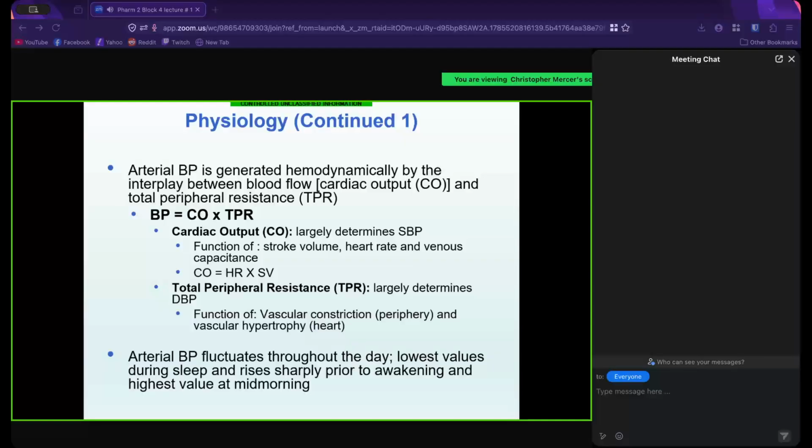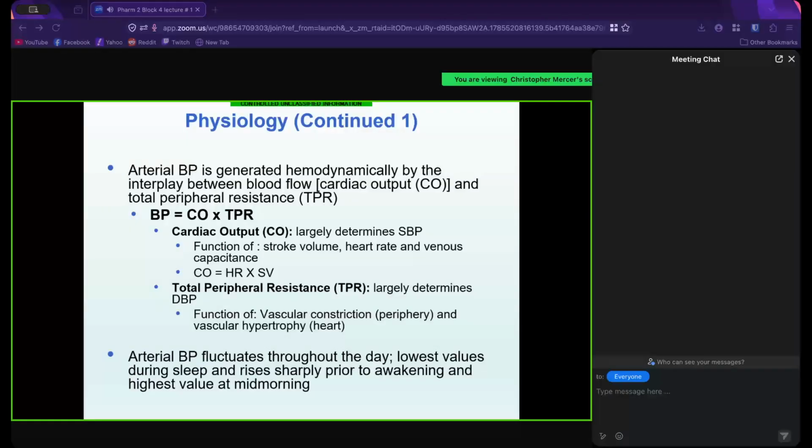Cardiac output primarily influences systolic blood pressure, because cardiac output depends on how fast the heart is beating, how much blood is moved each time the heart beats, which is stroke volume, and how much blood is coming back to the heart for it to pump, which is venous return.